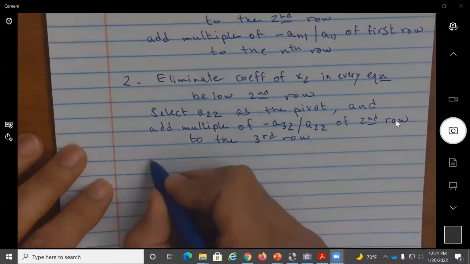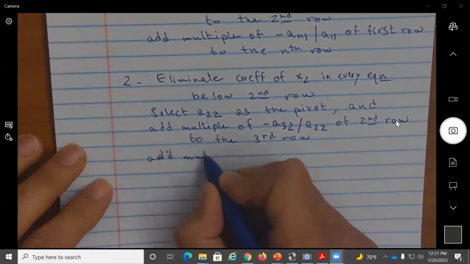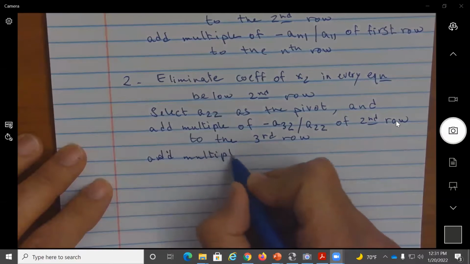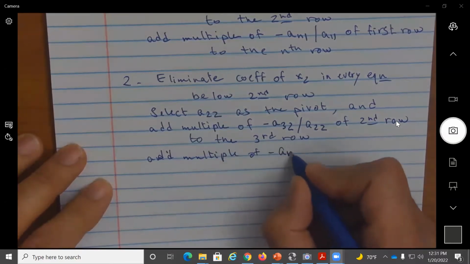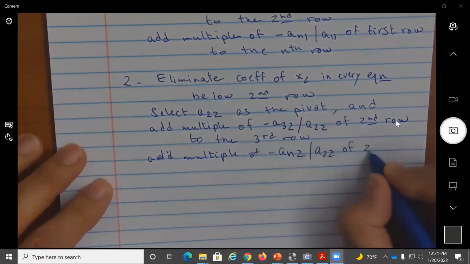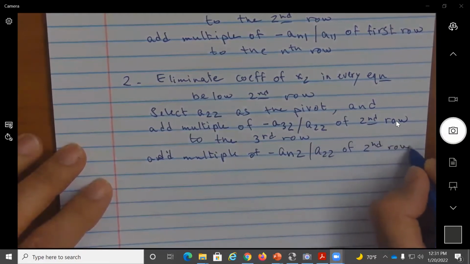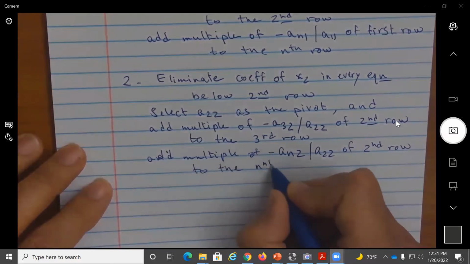And I'm going to continue to every single row below, adding the multiple of minus An2 divided by A22 of the second row to the nth row.